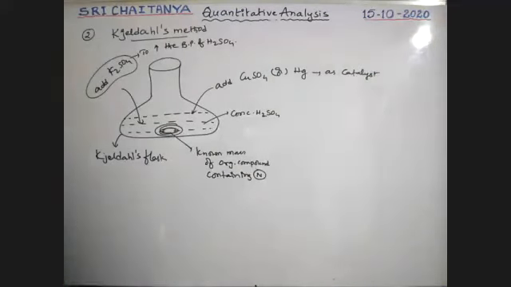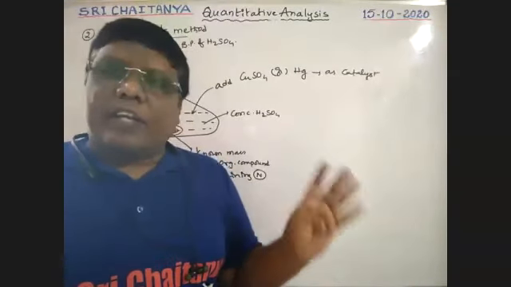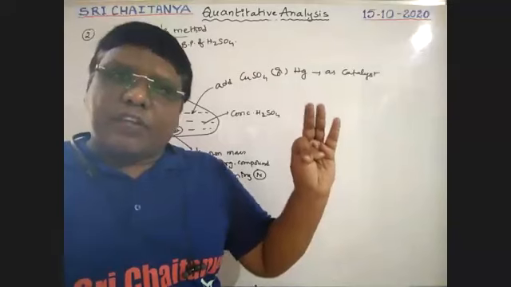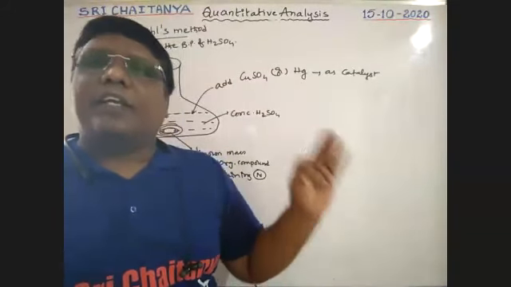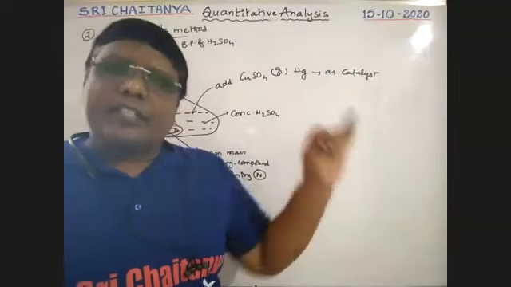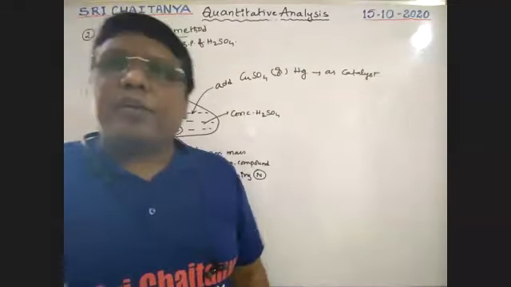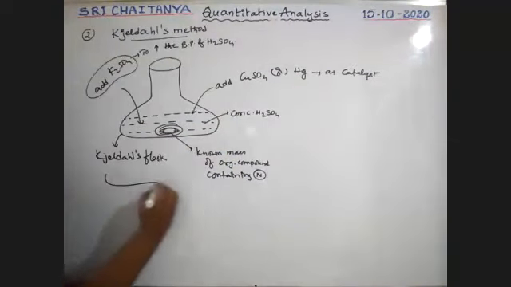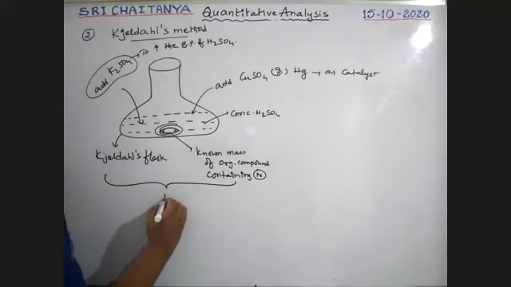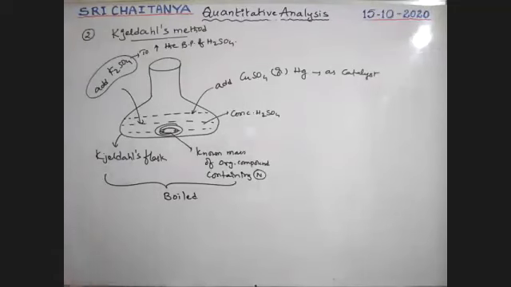See boys, what is present in your Geldahl flask? Our organic compound, a calculated weight of organic compound, and excess sulfuric acid. To increase the boiling point of that sulfuric acid, K2SO4 is used. To increase the rate of reaction, a catalyst is used, that is either CuSO4 or Hg. So these are the conditions. Now the entire mixture is boiled.